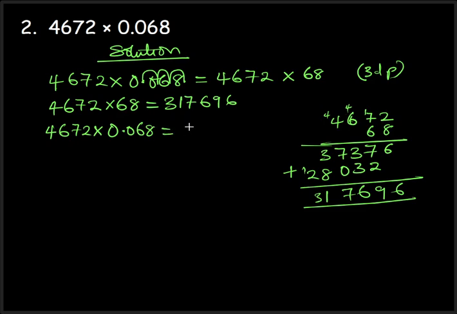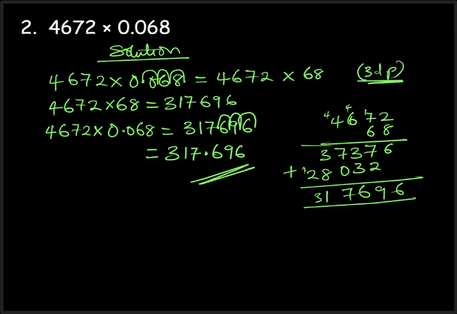That will be equal to 317696. Let's return the decimal places three times, or three places. That will give us 1, 2, 3. Our point is here. So our final answer will be equal to 317.696. That becomes the final answer.